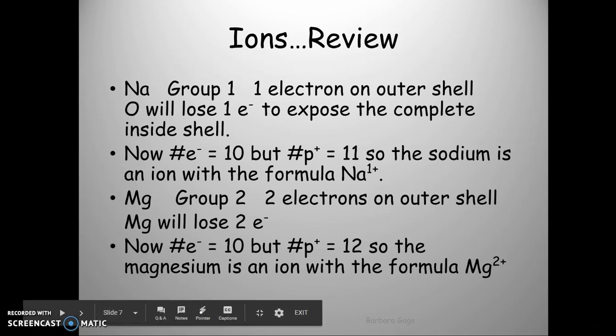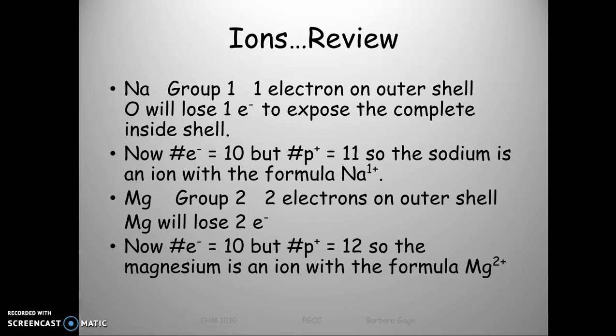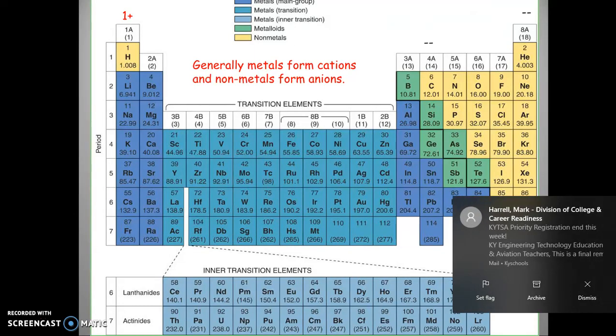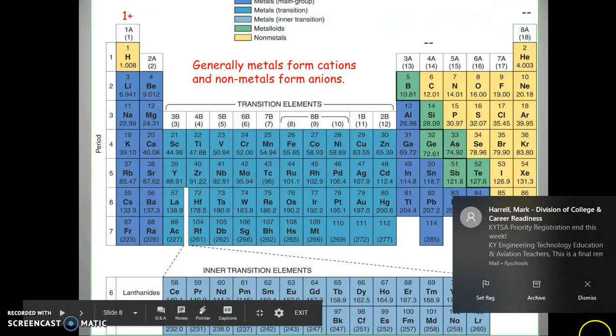I know that you guys know this. We've gone over this. This is ingrained in your head. But it is important for ionic compounds that you remember these charges and how they get these charges, because when ions form to make compounds, their compounds have to be neutral. Ionic compounds are generally formed between metals and nonmetals.